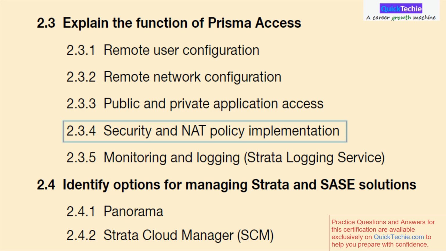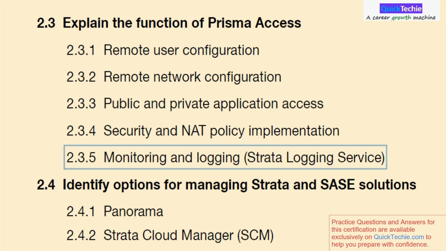2.3.5. Monitoring and logging. Strata Logging Service. Monitoring is essential to identify threats, policy violations, and performance issues. Prisma Access integrates with Strata Logging Service, which provides a centralized and scalable way to store and analyze logs. You get traffic logs showing source, destination, application, and action. Threat logs for viruses, spyware, and exploits.